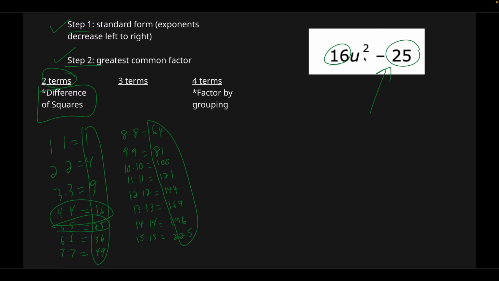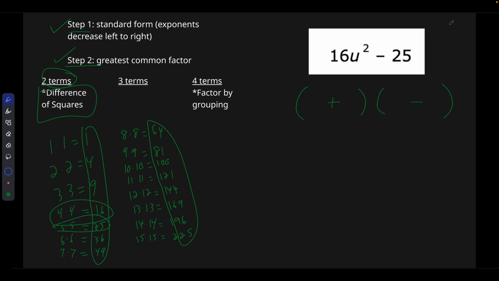And u squared is just u times u. So now, when you have a difference of perfect squares, a subtraction with 2 perfect squares on the left and right, this will always factor into this form. We're going to get 2 parentheses. One will have a plus in the middle, one will have a minus in the middle.